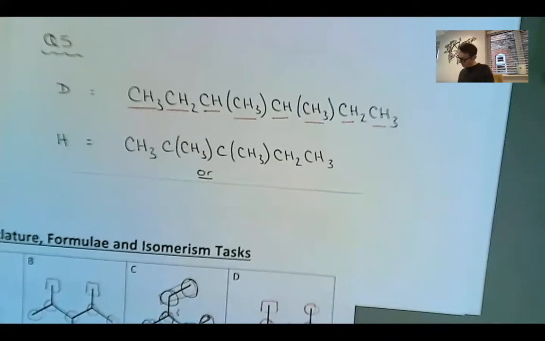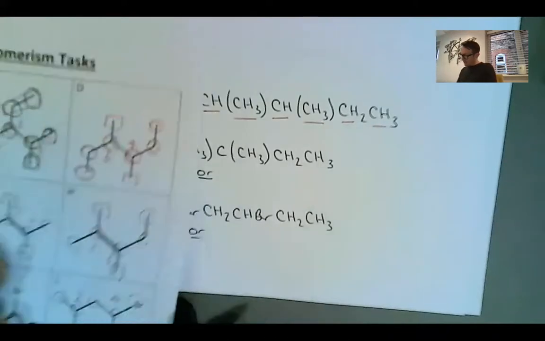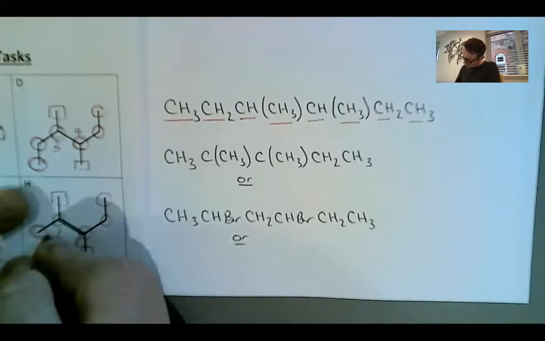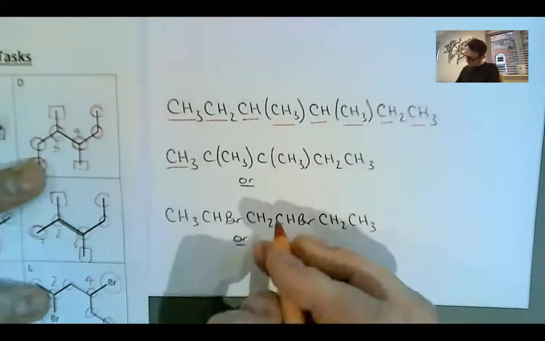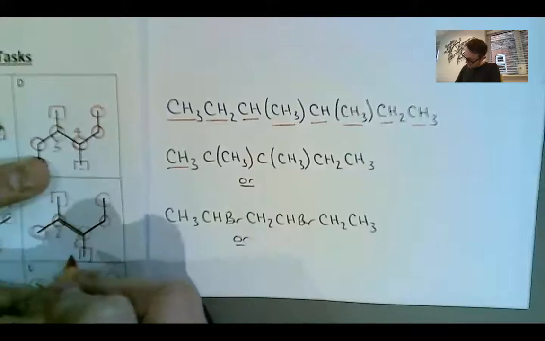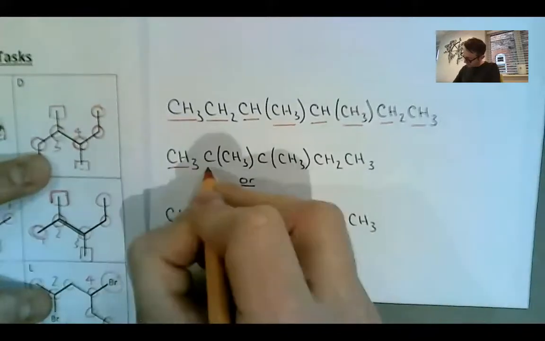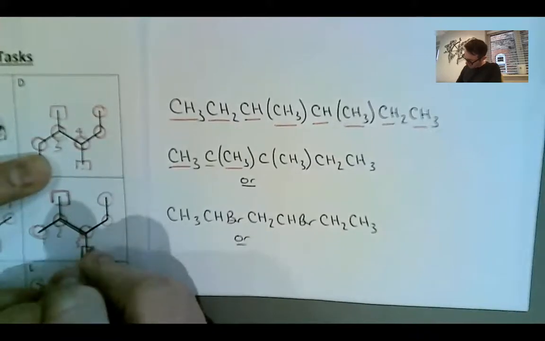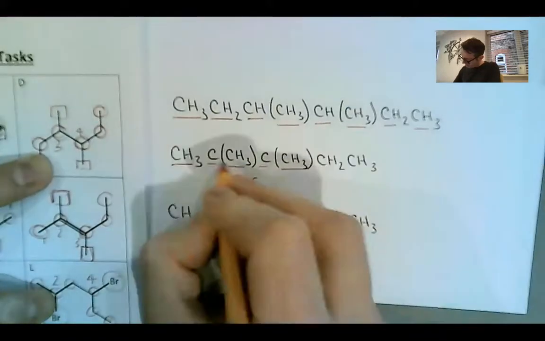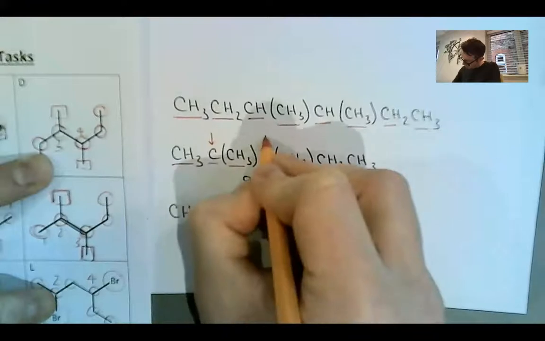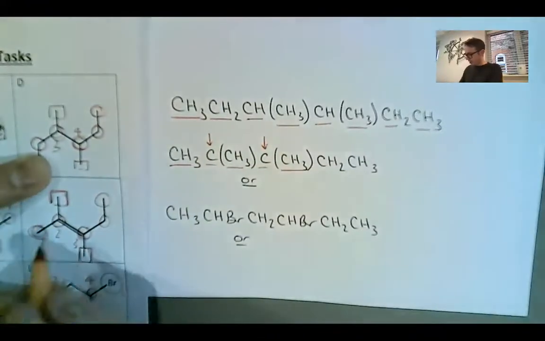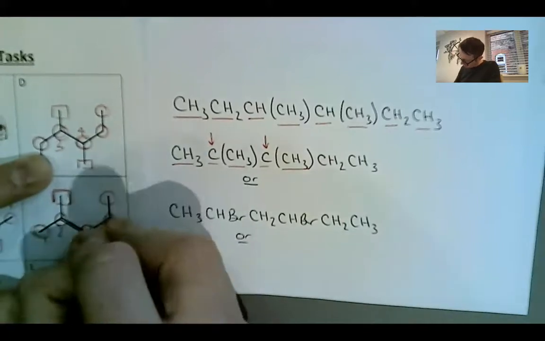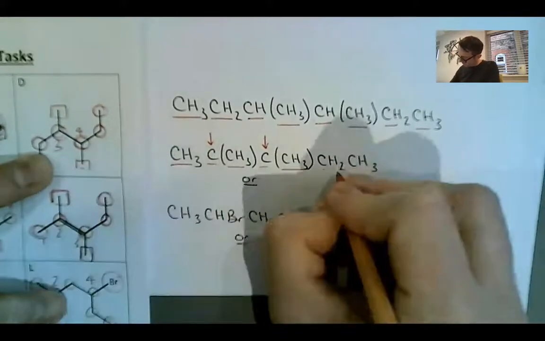Molecule H, now the same thing applies. So if I go through in turn, I've got a CH3, then I've got a C with a methyl branch, then another C with a methyl branch. Notice that these 2 carbons don't have an extra hydrogen because they're the carbons of the double bond. They don't have an extra hydrogen attached, followed by a CH2 and then a CH3.